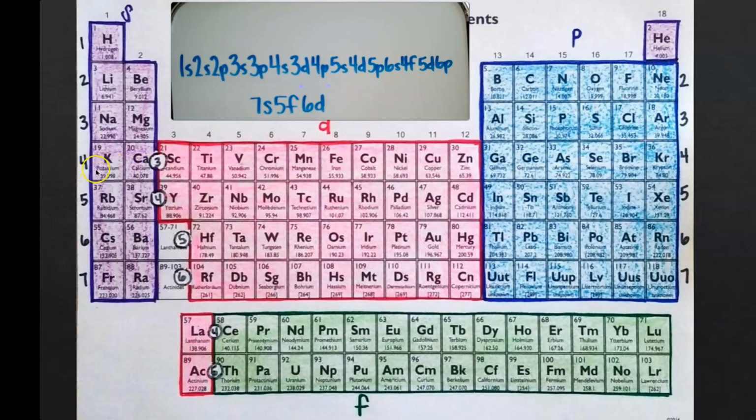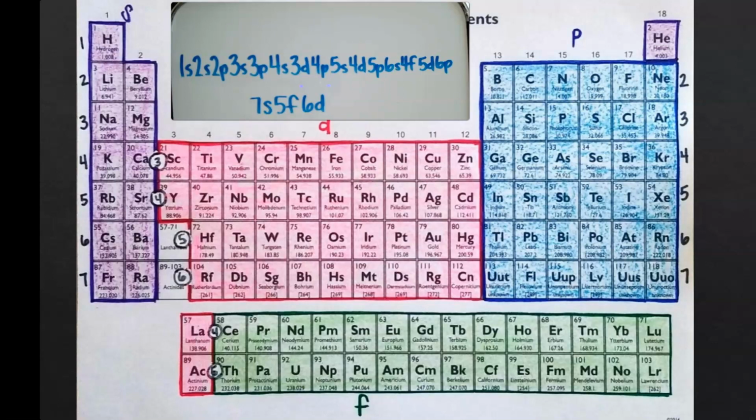So this would go 4s, 3d, and then 4p. And down here it would go 6s, and then we go 4f, and then 5d, and finally 6p. So you don't have to use it fully this way, but certainly this is a different way to organize your electron configurations to make it even easier.